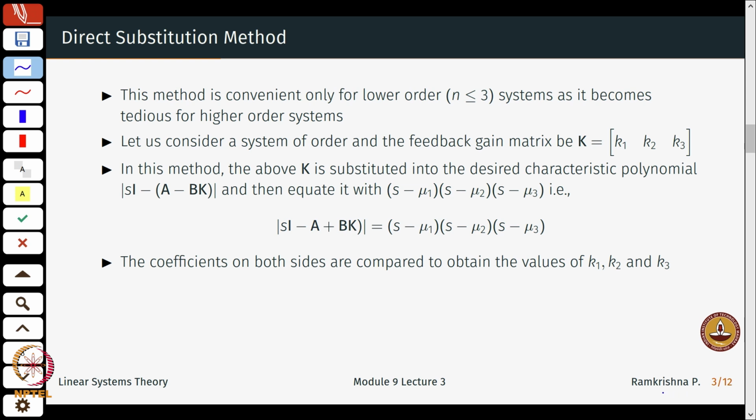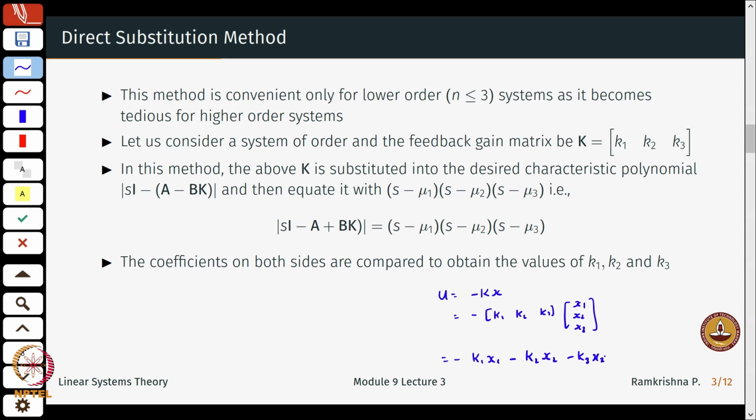Let us say I am looking at a third order system. My feedback law u equal to minus Kx will be of the form minus [k1, k2, k3] times [x1, x2, x3], which is minus k1 times x1, minus k2 times x2, minus k3 times x3.